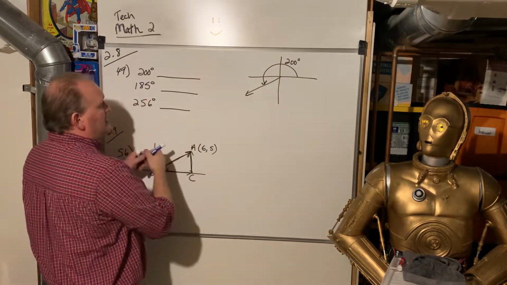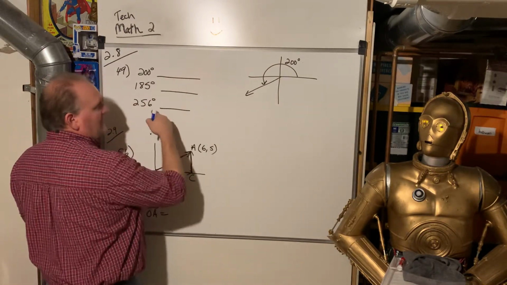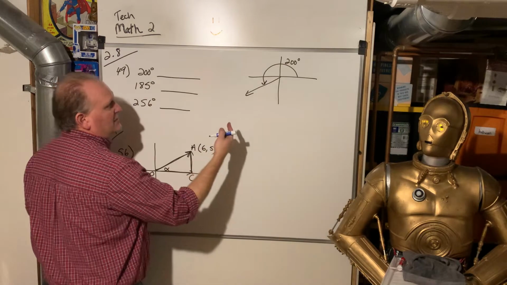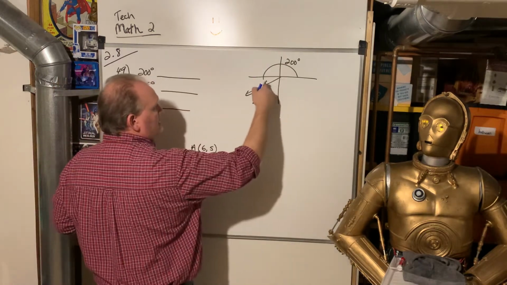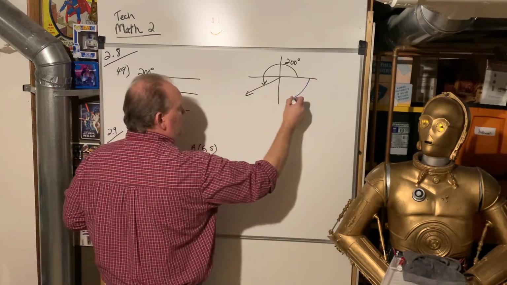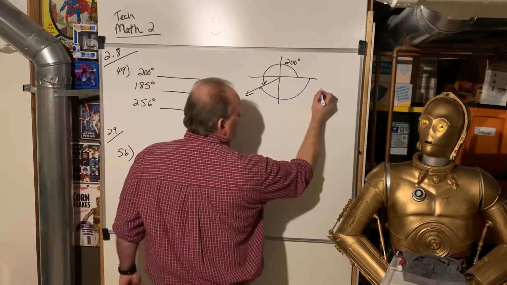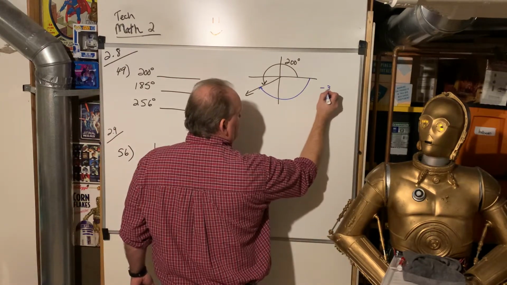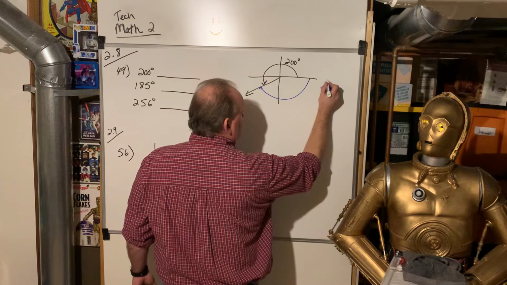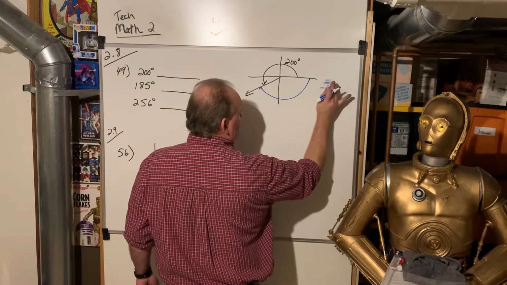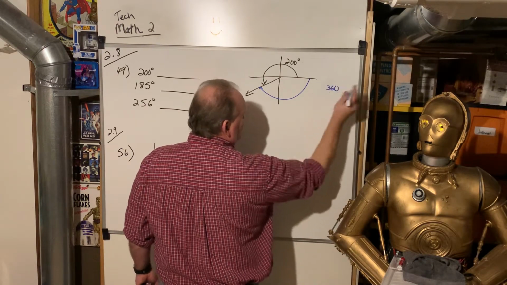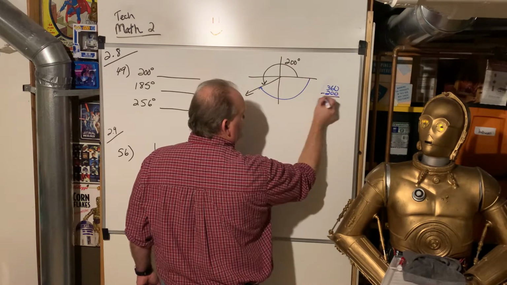This one, they just want the negative version of the angle. So they're basically trying to tell you, look, I could go this way and say 200, or I could go this way and, if I take 360 away from 200, basically subtract those two. If that doesn't make sense in your head, you probably subtract 200 from 360.